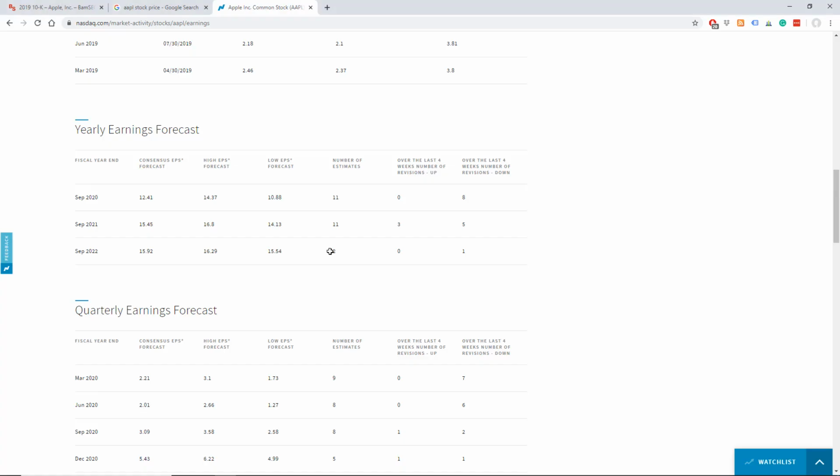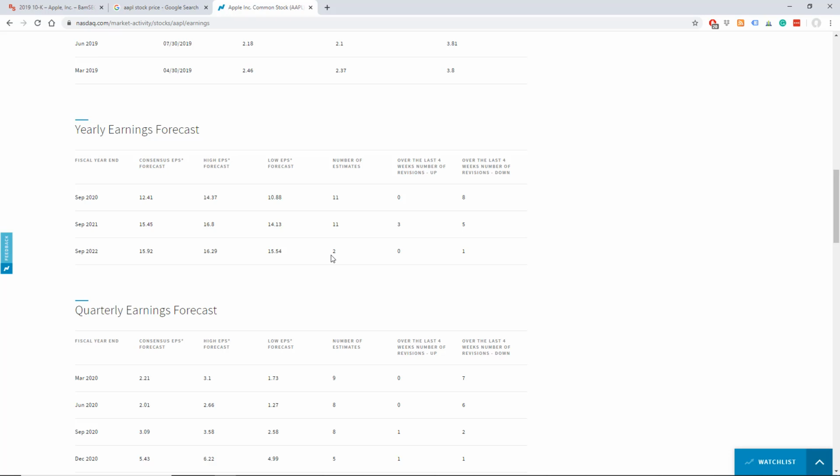Additionally, the further you go out, typically the less reliable those estimates are. And additionally, fewer analysts will post estimates. So you could see if you go to September 2022, only 2 analysts are publishing estimates for that period. So you can't just say, well, analysts are projecting this amount of earnings, so that's a reliable number.